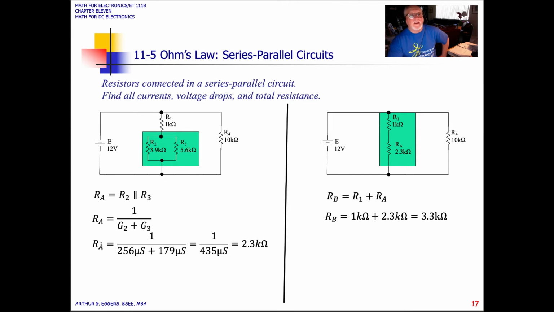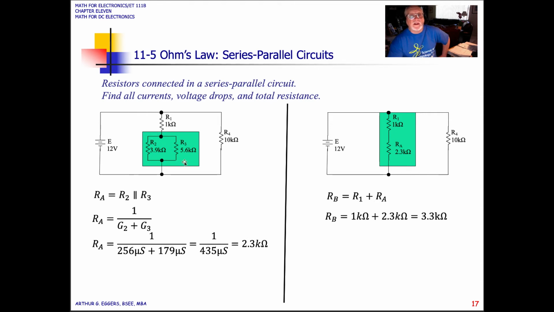So if I solve for 3.9K and 5.6K ohms respectively, I get 256 microsiemens and 179 microsiemens as my values. I can simply sum them in this denominator and then take the inverse of the sum, 435 microsiemens, to get 2.3 K ohms.